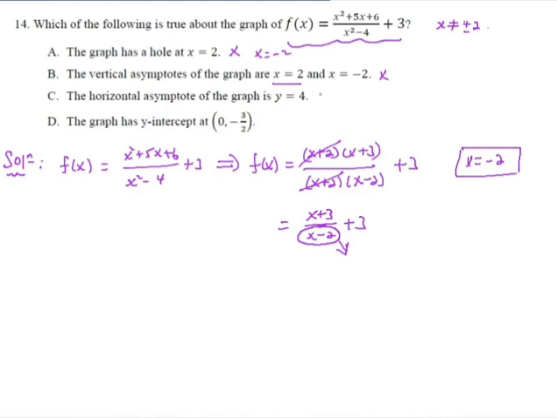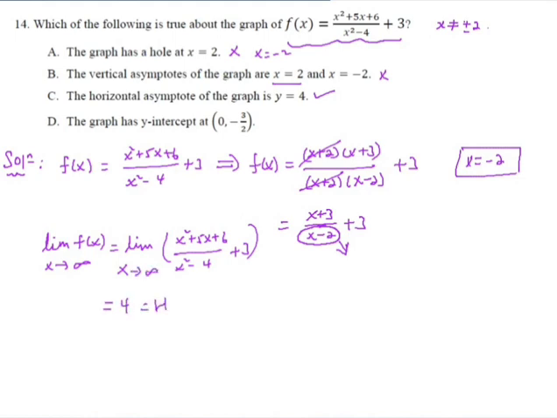Yes, this statement is true because the horizontal asymptote is obtained by calculating the limit at infinity. That means the limit of the expression (x squared plus 5x plus 6) over (x squared minus 4), plus 3, as x approaches infinity, is 4. This is the horizontal asymptote for our graph. So the C case is a true statement.